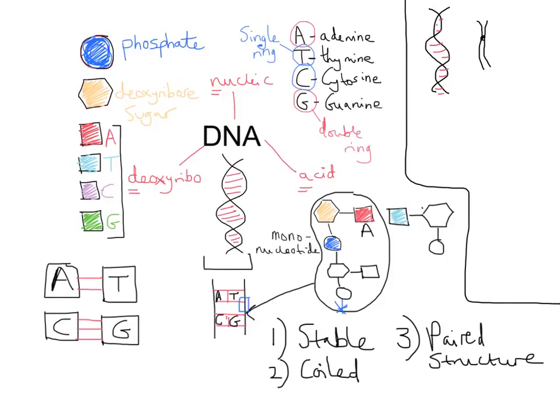Those chromosomes, or that DNA if you like, is wound around something called histone proteins. If I were to draw these three here, we'll draw the DNA strand in red.